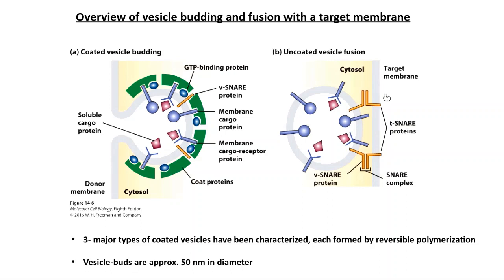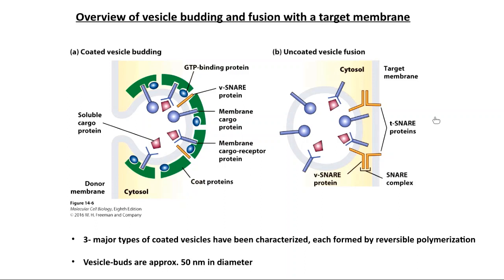In this case, I was giving the example of cis Golgi. So this vesicle budded off from the ER will get pulled towards the cis Golgi and will get fused. As it fuses, all these membrane cargo proteins will become part of the cis Golgi membrane protein, and these soluble cargo proteins will get released to the cis Golgi.